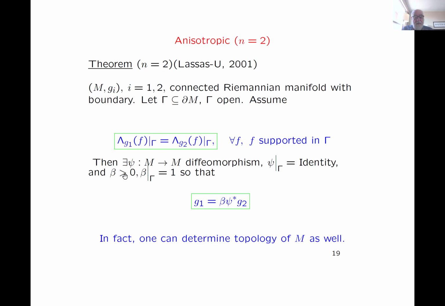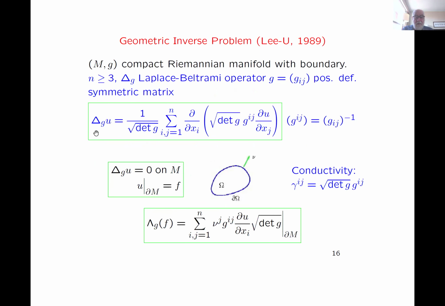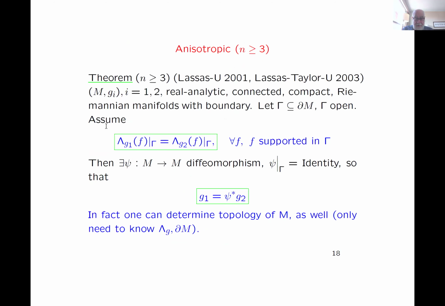There is an additional obstruction in dimension 2 because the Laplace-Beltrami operator is conformally invariant. That means you take a multiple of the metric, so a multiple comes up. The solutions for the multiple of the metric or the metric are exactly the same. It's conformally invariant, so there is an additional conformal invariance.